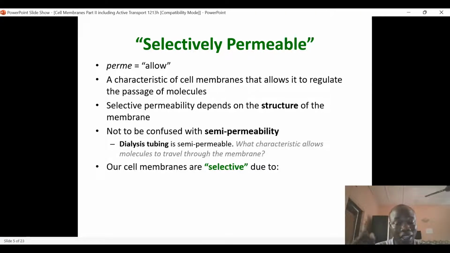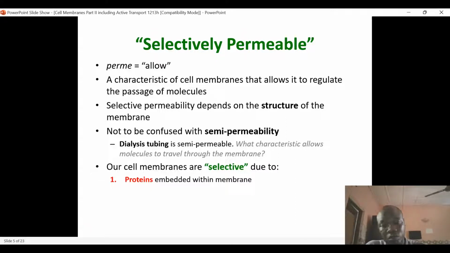Our cell membrane is selective of what will get into the cell and out of the cell, and what not to even get into the cell. So these are the reasons. The reason for the selective permeability nature of the cell membrane is, number one, the proteins embedded within the cell membrane.